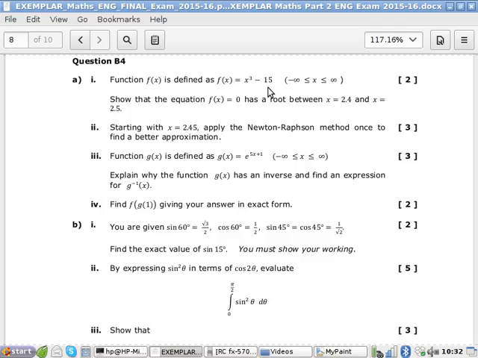Yeah, that's it. And put the numbers in for x0. x0 is 2.45. Got an answer? What answer did you get? No, I didn't calculate it. Okay, calculate, see what we get.